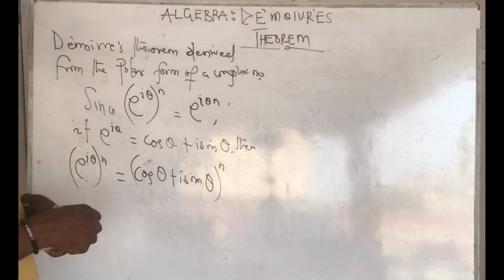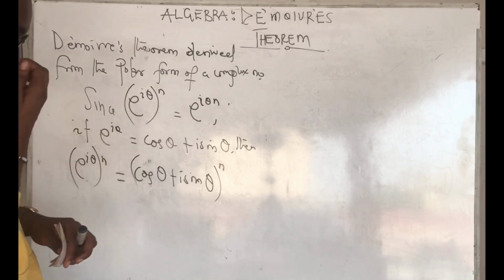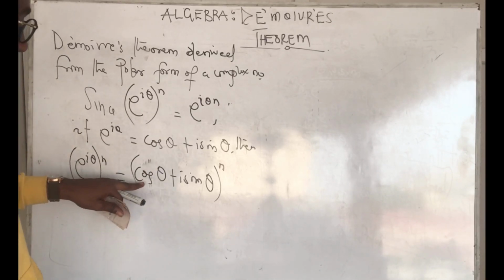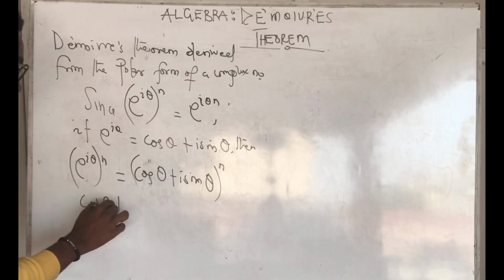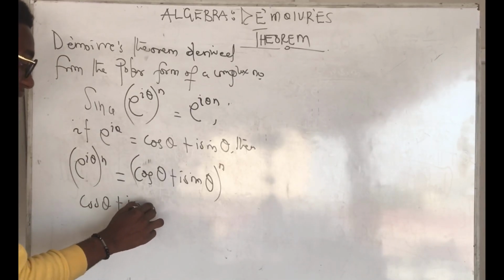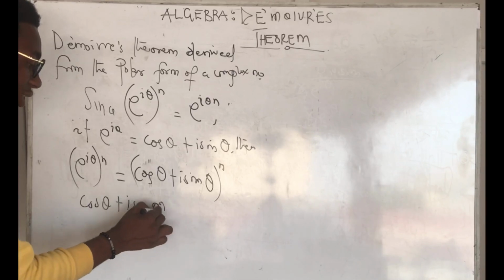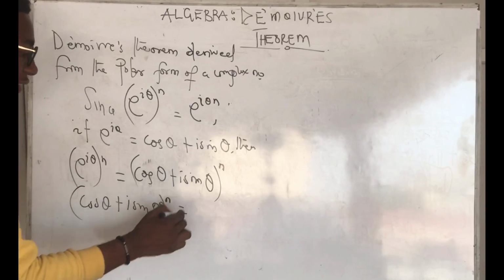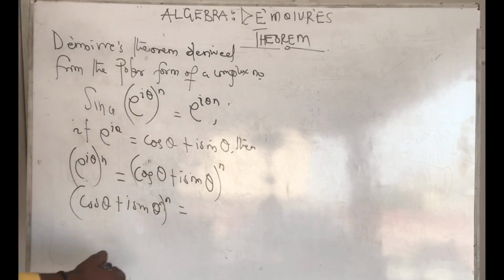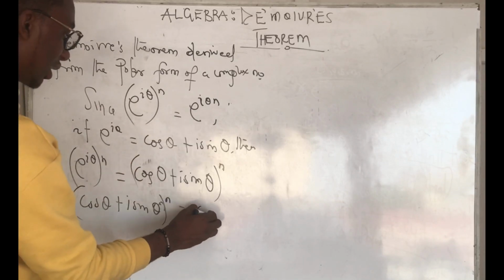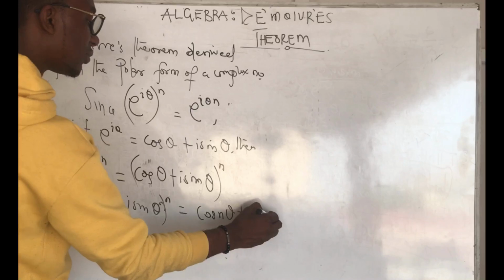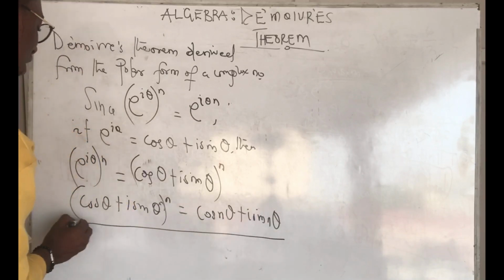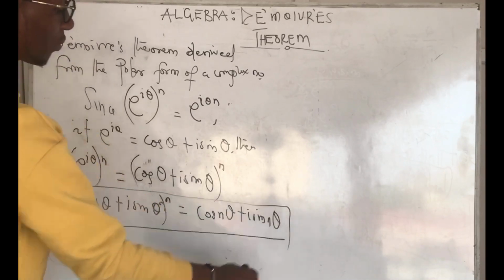So that is why he is saying that if you have something like this, then it is the same as this, and cos theta plus i sine theta all exponent n can therefore be equal to this, and this also to establish that will be equal to cos n theta plus i sine n theta, and this is De Moivre's theorem.